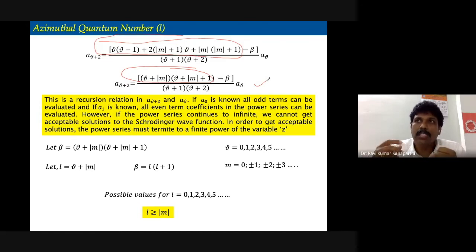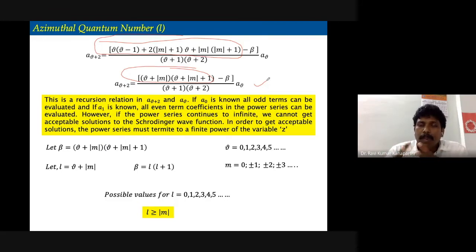Suppose if you know a1, nu plus 2, that means 1 plus 2, that is 3, the A3 term can be calculated. What is A3? A3 is the coefficient in the third term. Likewise, any odd term's coefficient can be calculated if you know A1, because we got a recursion relation. And the recursion relation is a nice relation: if you know one coefficient, the other coefficient values can be easily calculated.